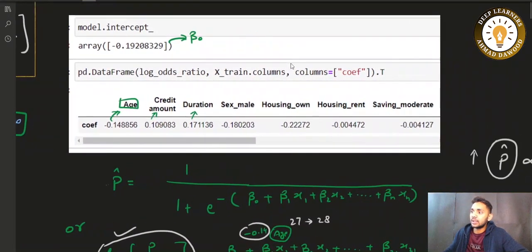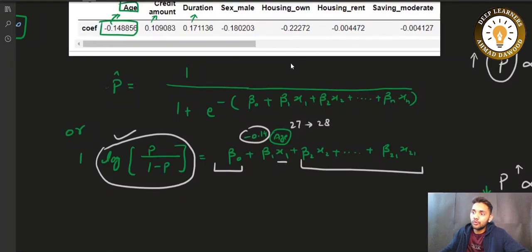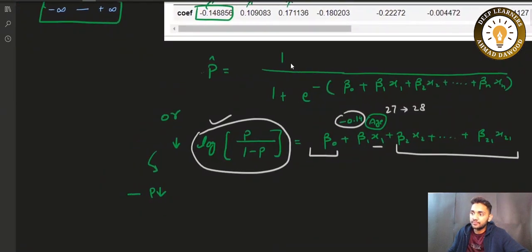So the negative sign shows that when the age increases, our log of odds will decrease. From the equation, our log of odds will decrease, and from here we can interpret that our probability will also decrease: the probability of getting 1, the probability of being default.